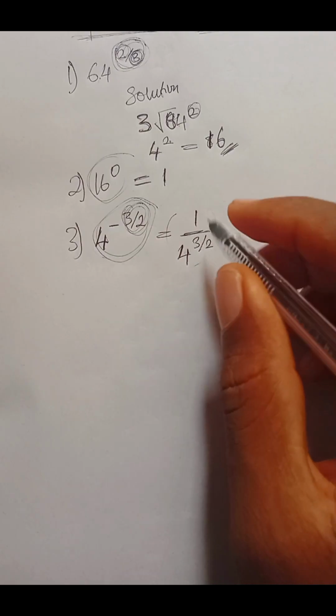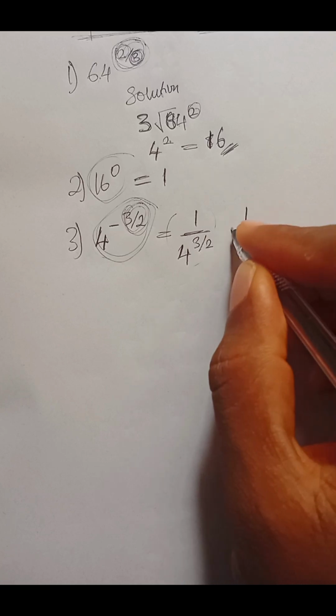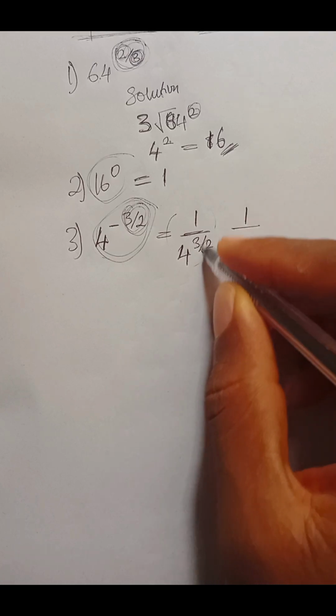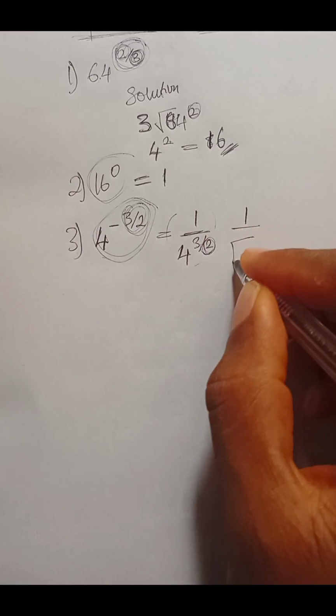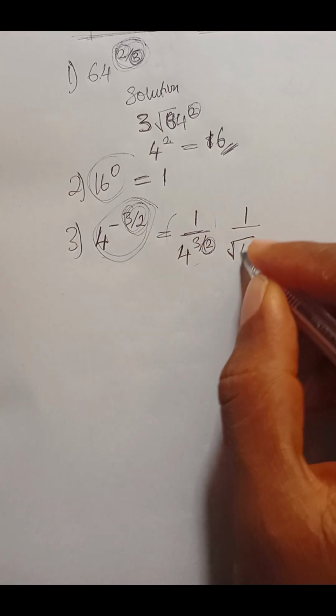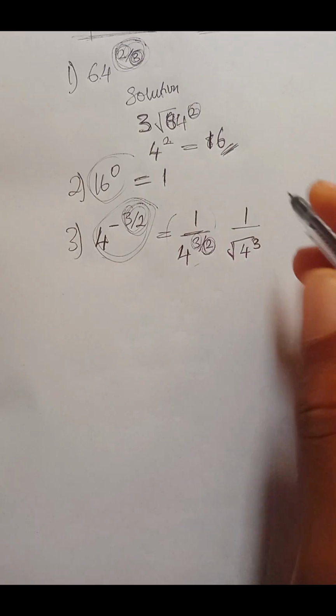Then if we simplify further, we have 1 divided by, we take note of the root. This is 2, that's the square root of the number 4 raised to the power of 3. So this is the power.